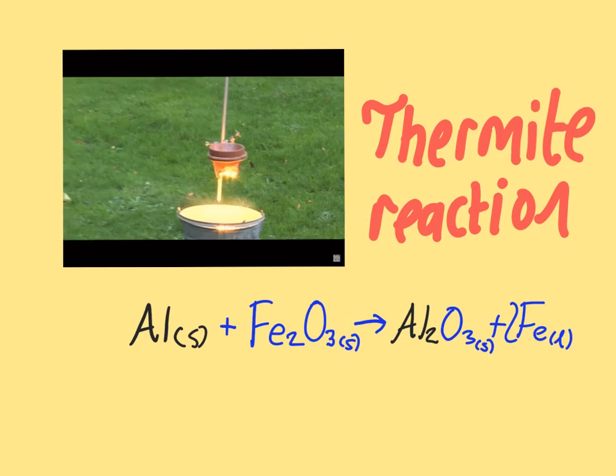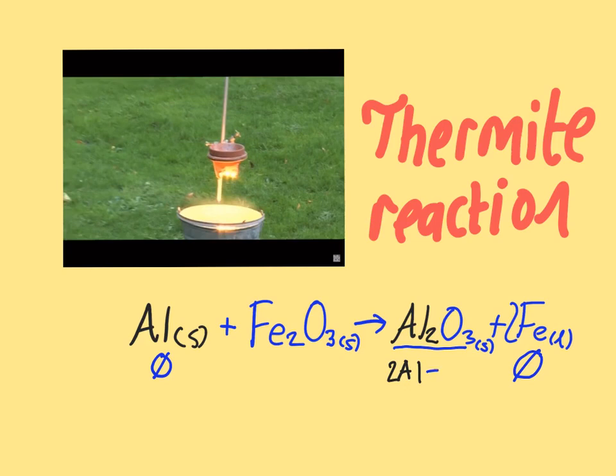Well, first of all, if we look at the aluminium, it's got an oxidation state of 0 because it's an element, and so has iron on the other side. Let's now look at the oxidation state of aluminium within the aluminium oxide product. We'll work out its oxidation state as we've always done. We know that the overall charge on the aluminium oxide is 0. So when we add the oxidation state of aluminium plus oxygen together, we'll get an overall value of 0.